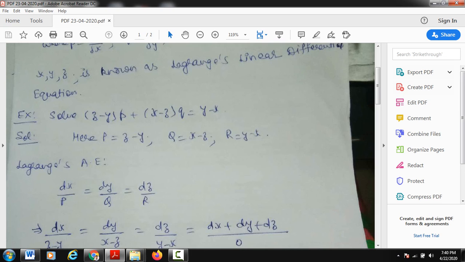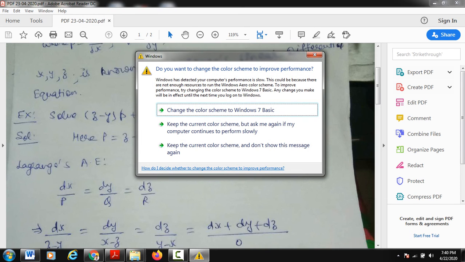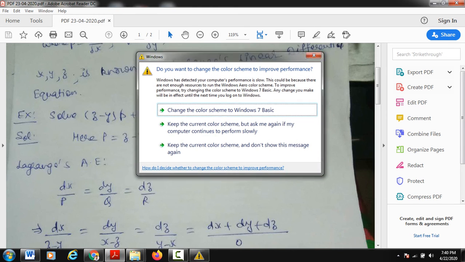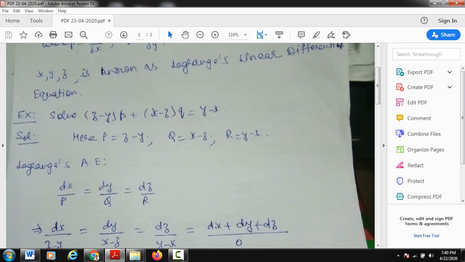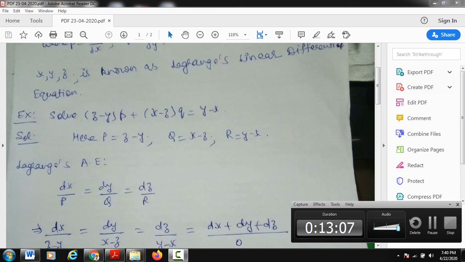After applying the method of Lagrange's multipliers, you will solve and get the two solutions, which contain two constants independently. The final solution is given by phi, any function you can introduce: phi(first solution, second solution) is equal to 0, and that will be your final solution. So this is the method to solve Lagrange's linear differential equation, or first order linear partial differential equations.